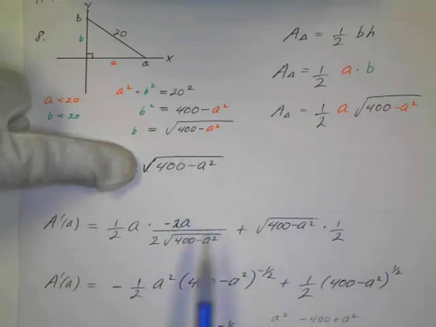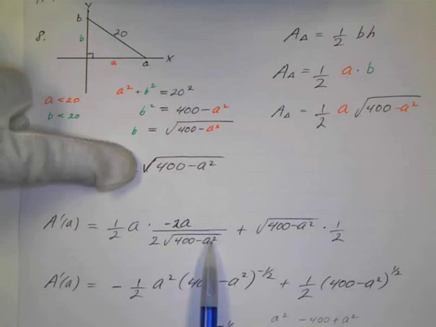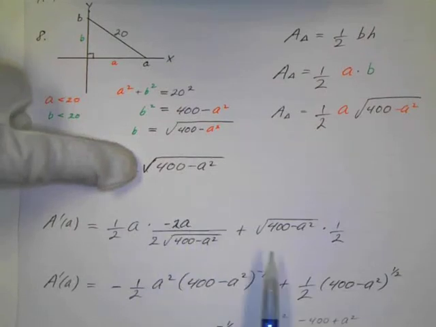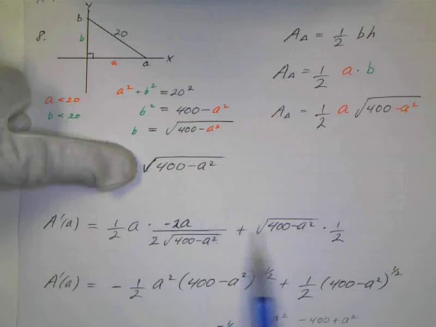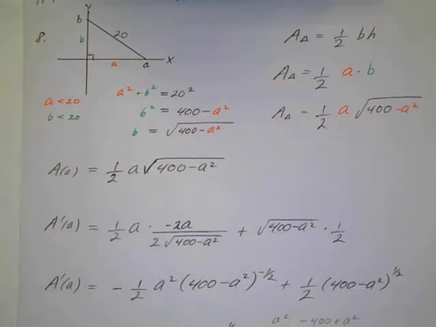I'm going to use my square root, so that's 1 over 2 times the square root of 400 minus A squared, times the derivative of 400 minus A squared. The derivative of 400 is just 0, and the derivative of negative A squared is negative 2A. Plus the second times the derivative of the first, which is just 1/2.